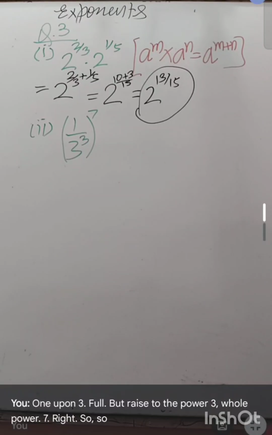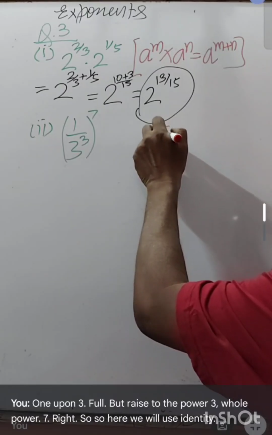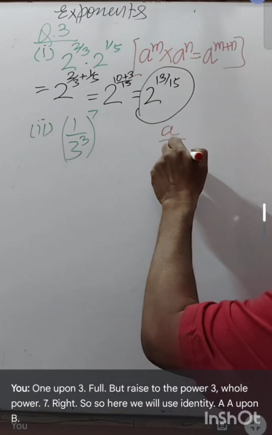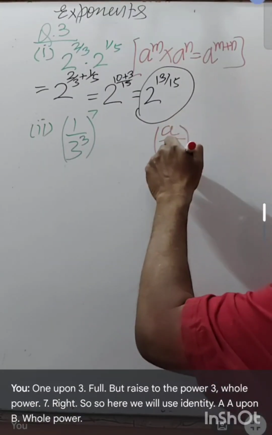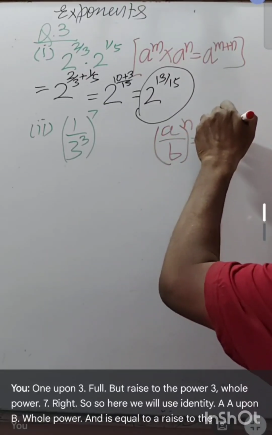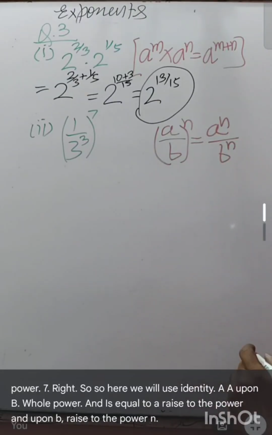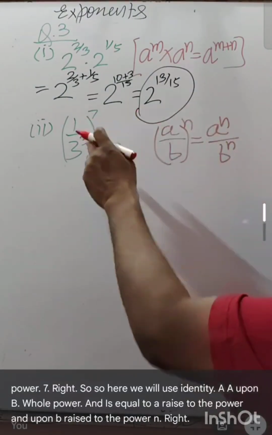So here we will use the identity a upon b whole power n is equal to a raised to the power n upon b raised to the power n, right? Yes, sir.